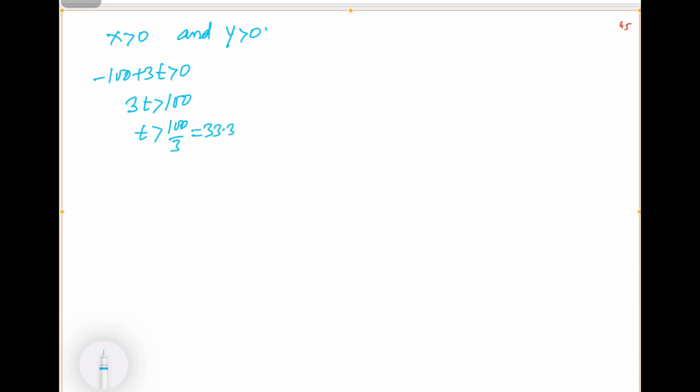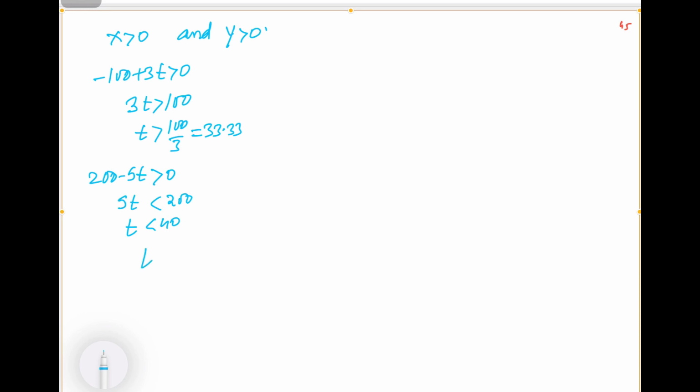To find the final solution, we put x strictly greater than 0 and y strictly greater than 0. Let's see. Minus 100 plus 3t greater than 0 implies 3t greater than 100, t greater than 100 by 3, that is 33.33. y strictly greater than 0 means 200 minus 5t greater than 0, implies 5t less than 200, t less than 40.